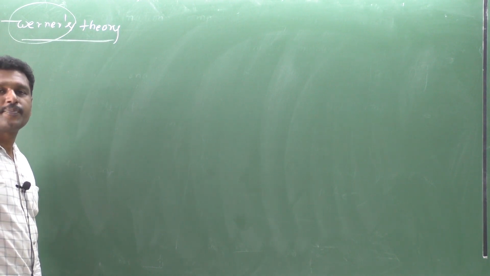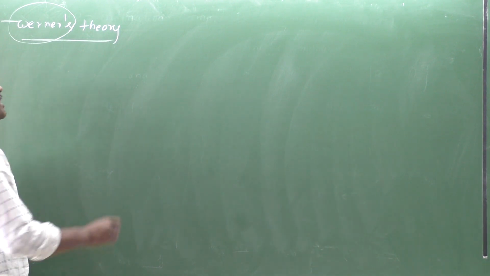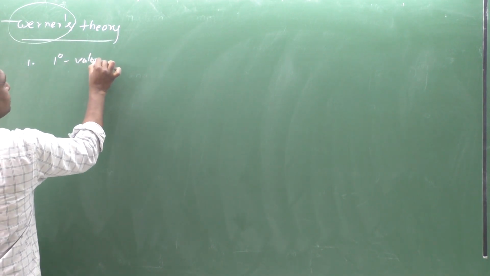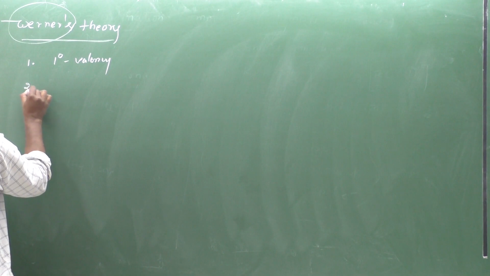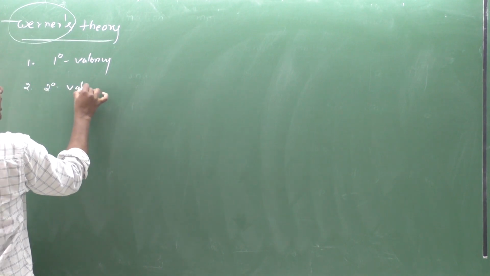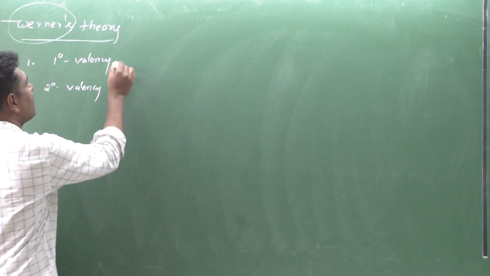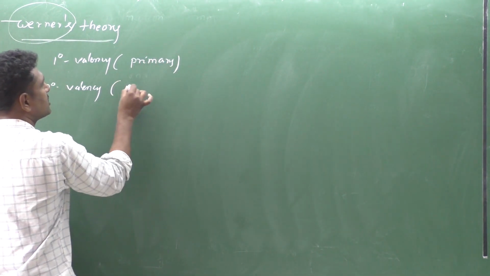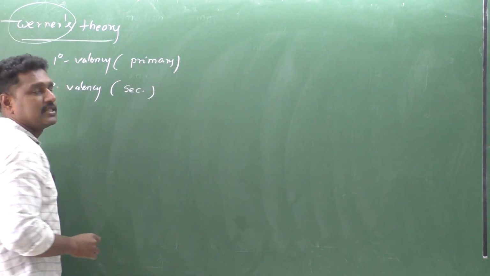In coordination compounds, metal ions exhibit two valencies, that is primary valency and secondary valency. One is 1 degree valency and the second is 2 degree valency. The 1 degree valency is called primary valency, and this is called secondary valency.